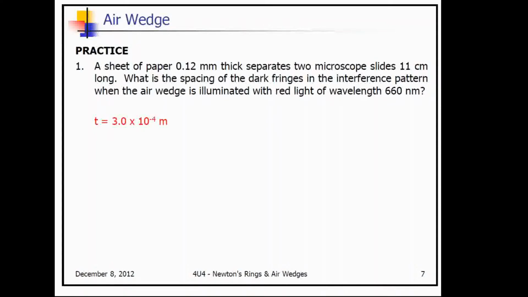So we have this 0.12 millimeter thick paper that is separating these two slides that are 11 centimeters long. So that's the length. We're asked, what is the spacing of the dark fringes in the interference pattern when the air wedge is illuminated with red light of wavelength 660 nanometers.